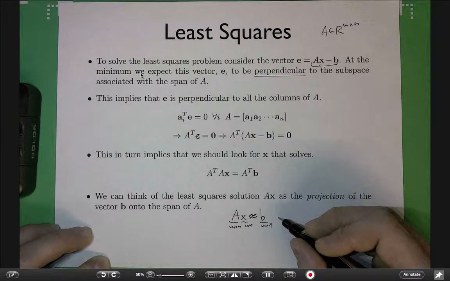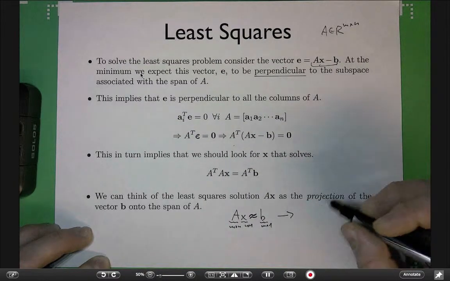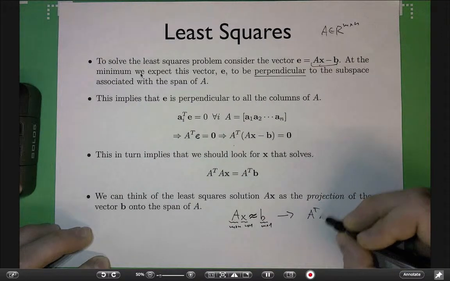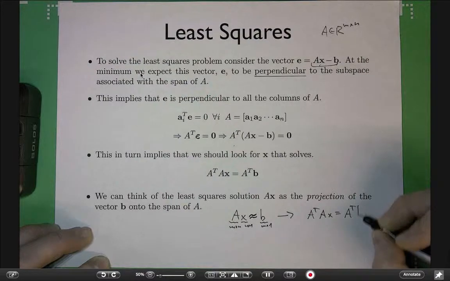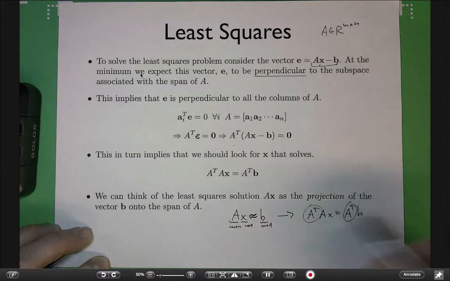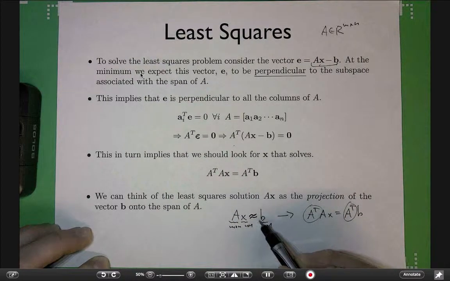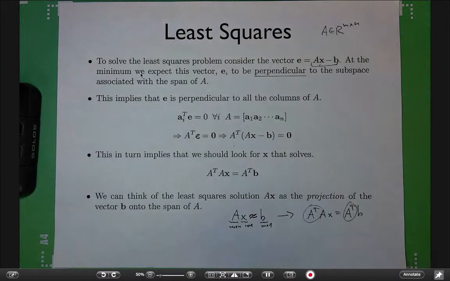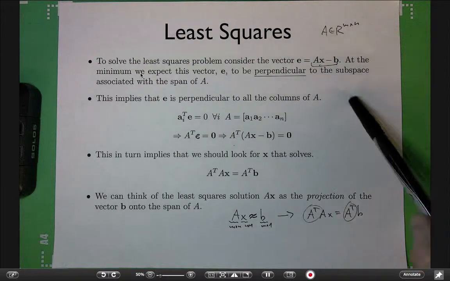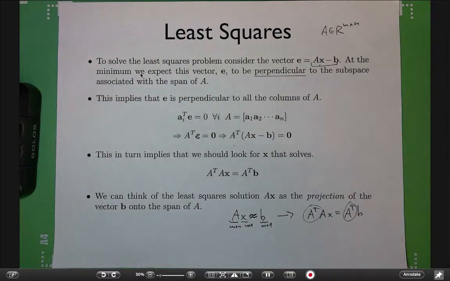Then I can turn it into a least square solution simply by multiplying this entire thing from the left by A^T. And if I plug this A^T here and A^T here, then I can write the equation. That's the way you can remember it. But the way it's really derived is either geometrically this way, or using calculus by minimizing a function.